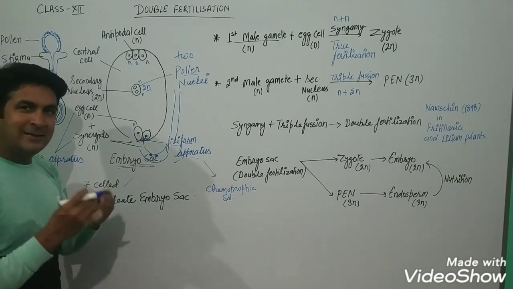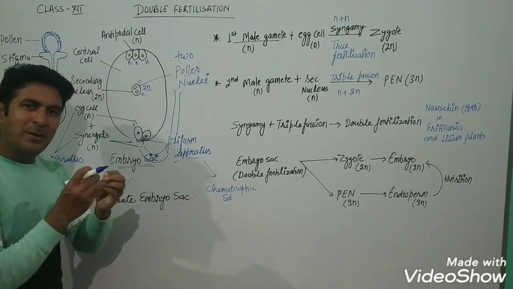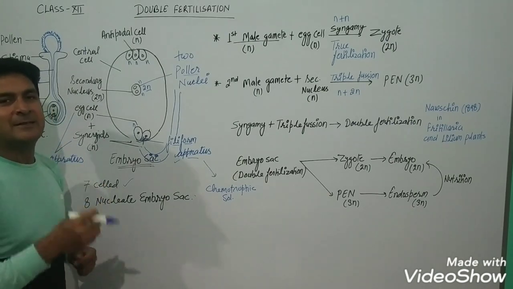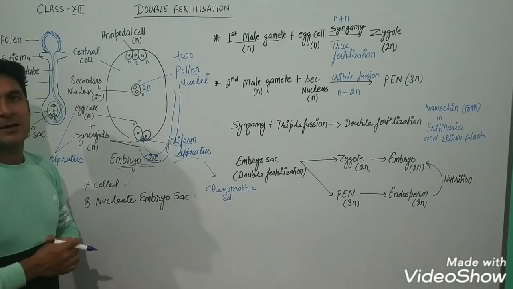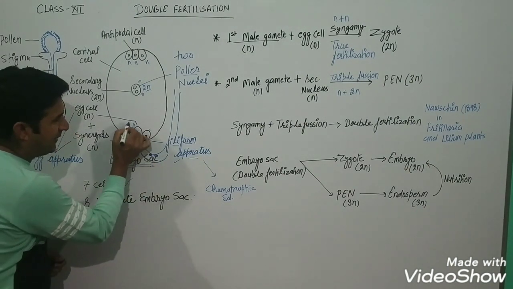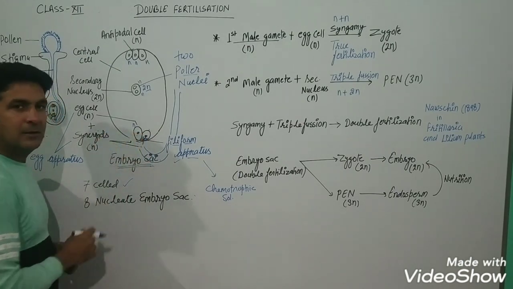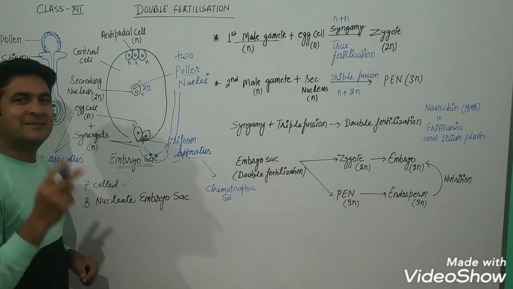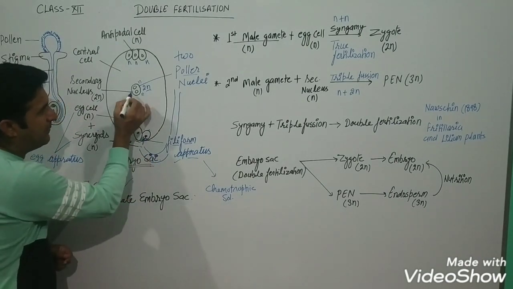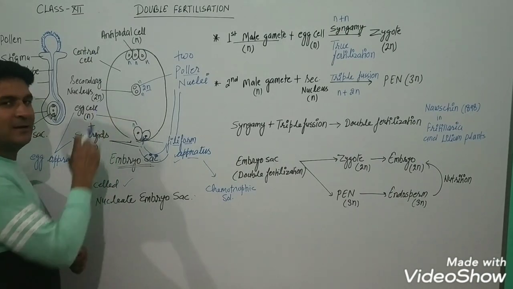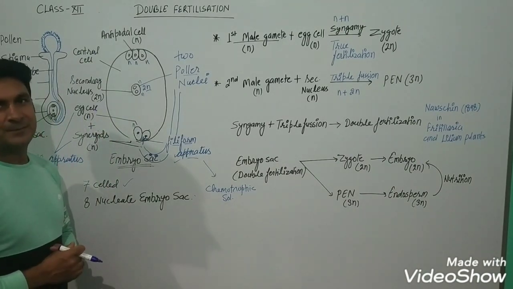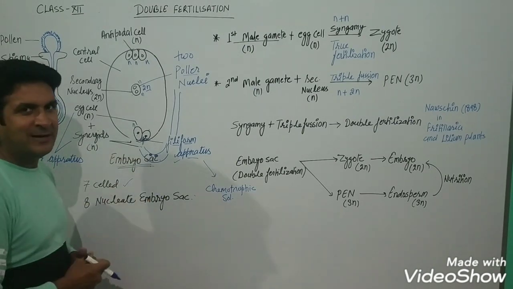So when these haploid nuclei meet with each other, they increase the ploidy. When the first male gamete gets entry and meets with the egg, it synthesizes a 2n zygote, and when the second male gamete meets with the secondary nucleus, it synthesizes a 3n PEN. What is that? We will discuss it after this.